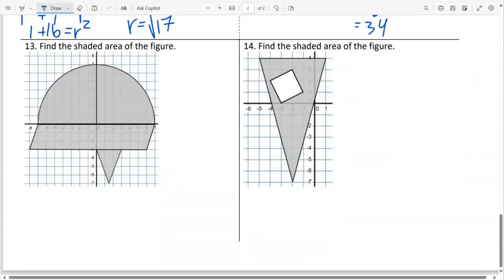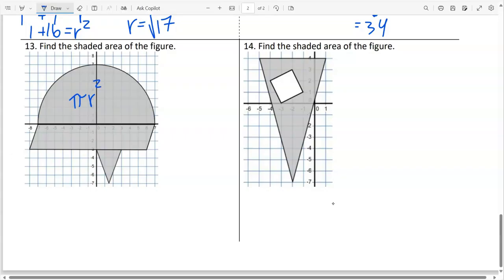Right, got some fun stuff here. Find the area of the shaded figure. So we have 1, 2, and 3 shapes here. First one I'm going to do is this one. Remember, the equation for the area of a circle is pi r squared.